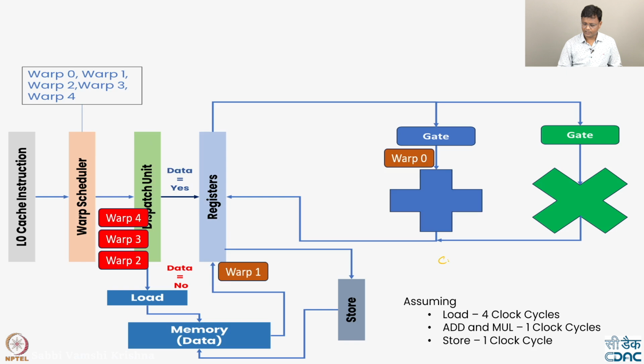In the next clock cycle, warp 0 will go to the addition unit, warp 1 will load the data into the registers successfully, and warp 2, warp 3 and warp 4 are waiting for their data to be loaded into the register.